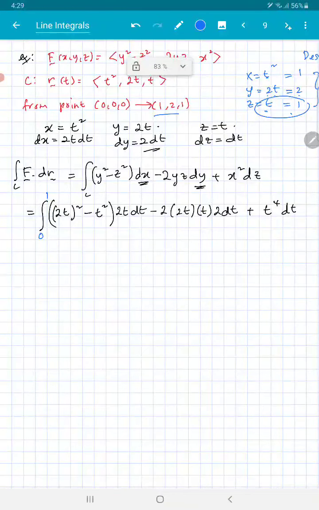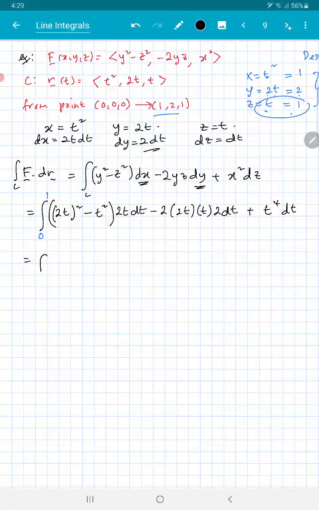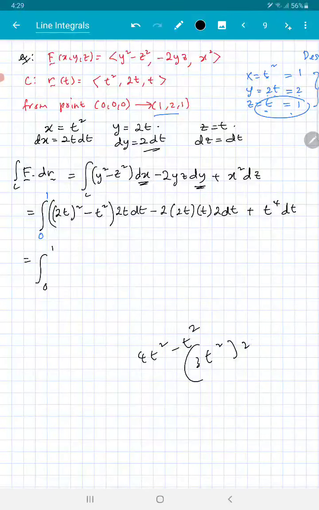Alright, so all the terms here have dt. So we're going to factor dt out. So for the first term we have 4t squared minus t squared, that would be 3t squared, and then multiply with 2t, that would be 6t cubed.